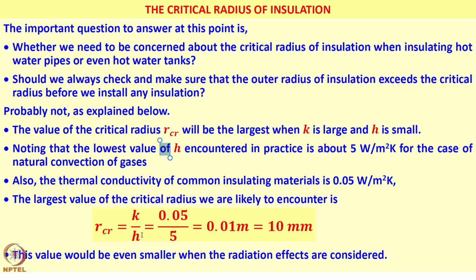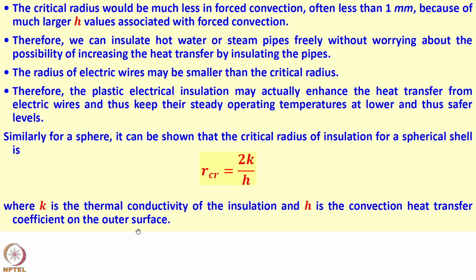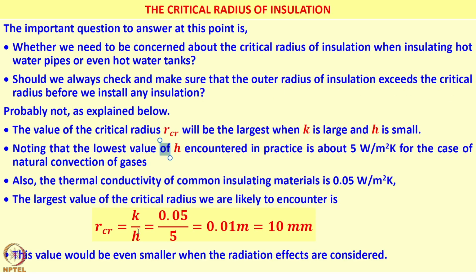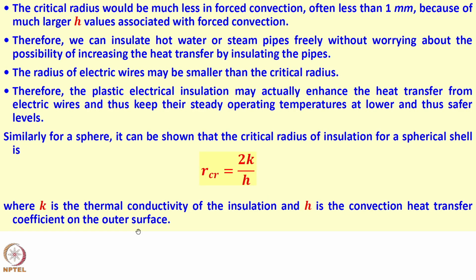So, k by h, therefore, R critical would be smaller. So, the critical radius of insulation taking radiation into account, other than pure convection, would actually be smaller. That is something you can try. The critical radius would be much less in forced convection. Why? Because h is larger. In natural convection, it is going to be larger because h is small.